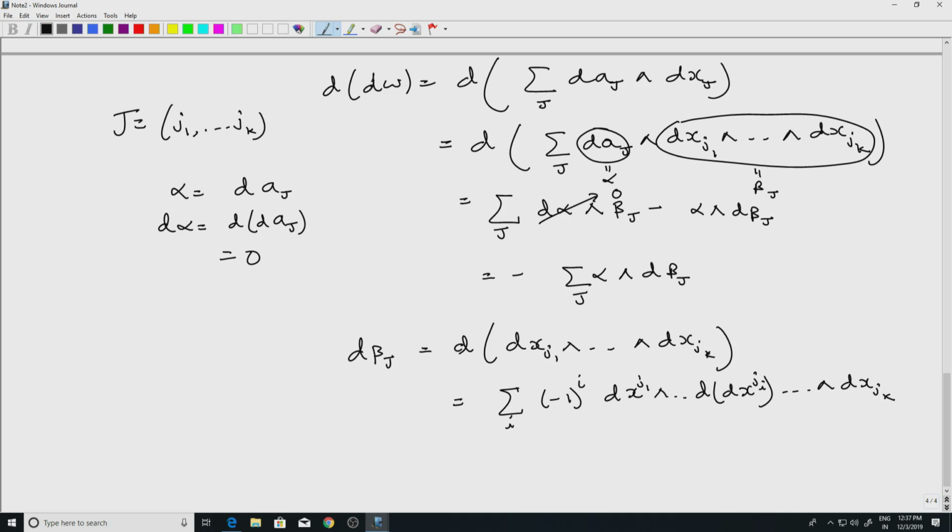So for instance, when I do the first one, I'll just get -1 to the power... actually here, maybe I should change the index to i plus 1.